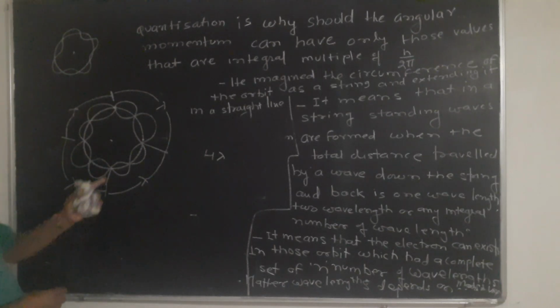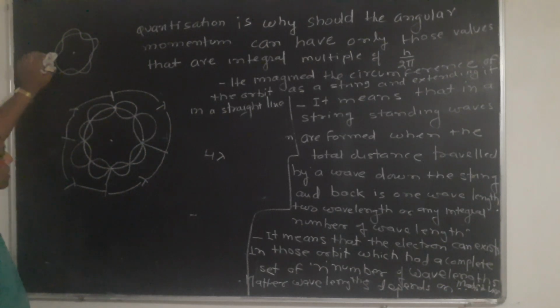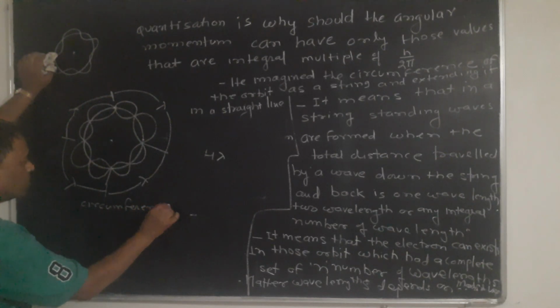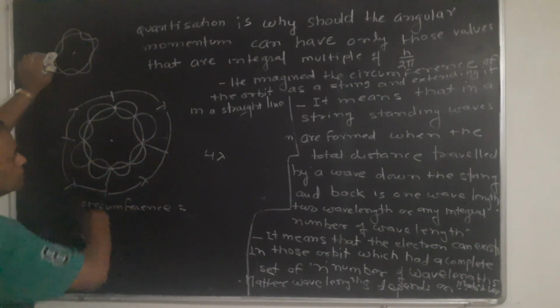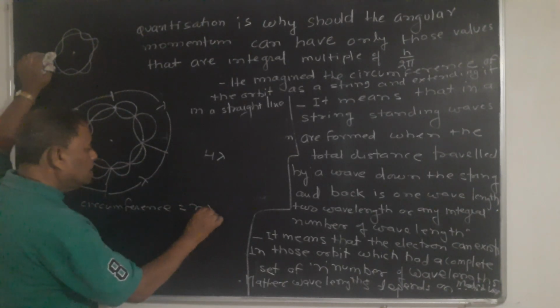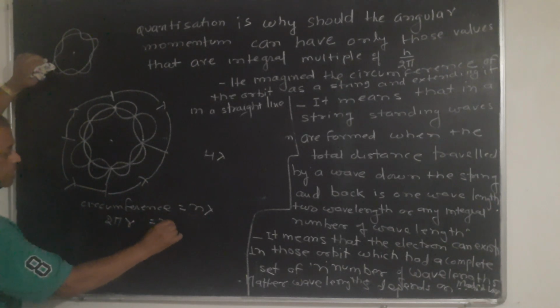Now what is the distance of the circle? The circumference is equal to the number of lambda. It may be 2 lambda, 3 lambda, 4 lambda, 5 lambda. So n lambda. We know the circumference of the circle is 2 pi r, so 2 pi r equals n lambda.